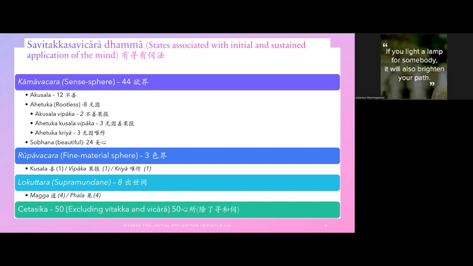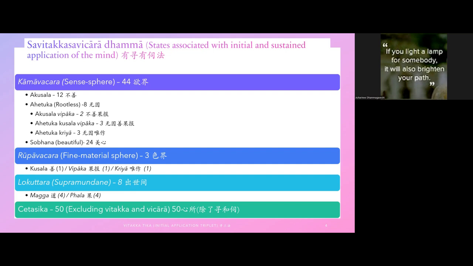If you ask why we deduct those 10, that is because they are associated only with the 7 universal mental factors, the sabbacitta sādhāraṇa cetasika. Next, under rūpāvacara, we get only 3 consciousness. These are the first jhana consciousness, which are kusala, vipāka, and kriyā.